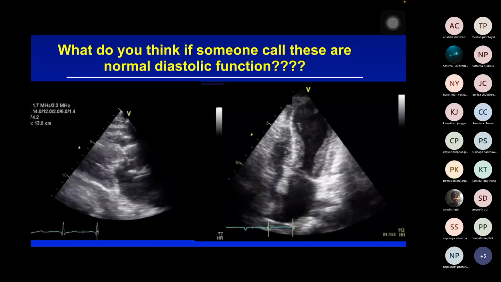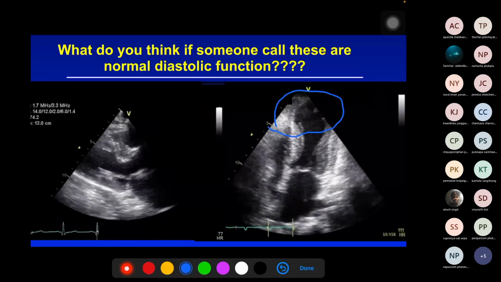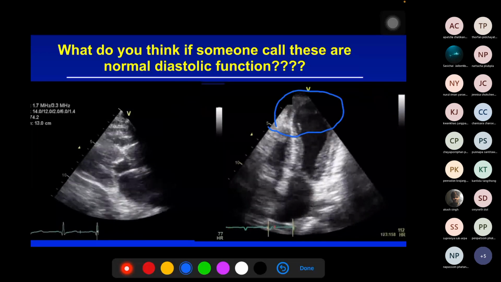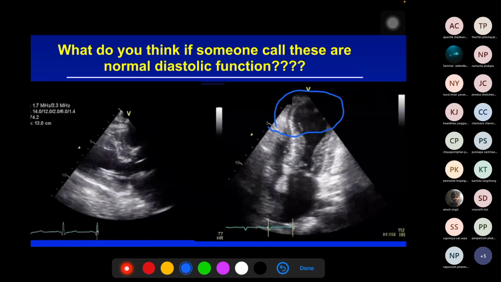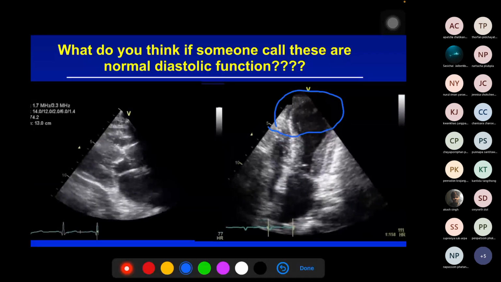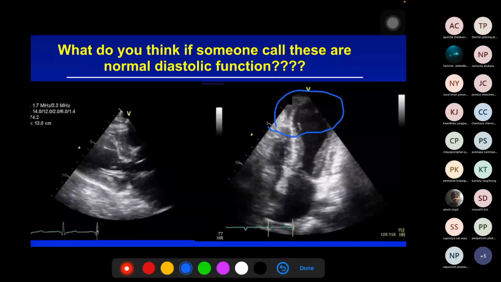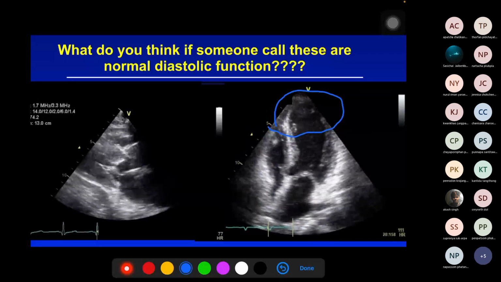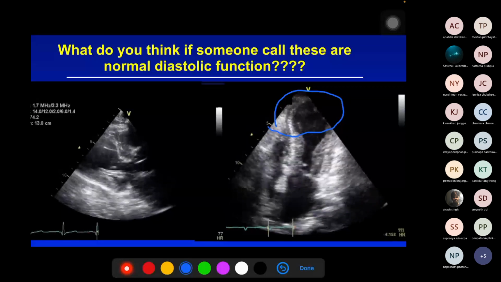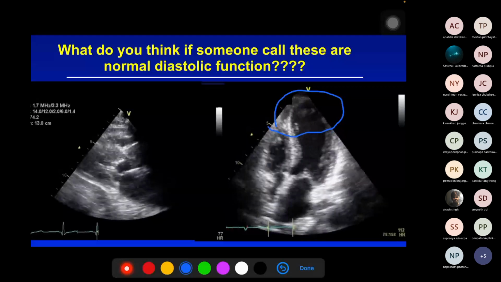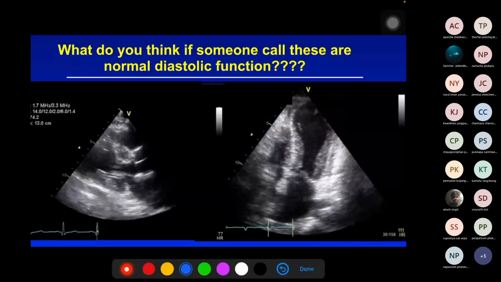In this one, the patient has Takotsubo cardiomyopathy. If the patient has LV systolic dysfunction, or is suspected to have coronary artery disease, this is highly suspicious for diastolic dysfunction.